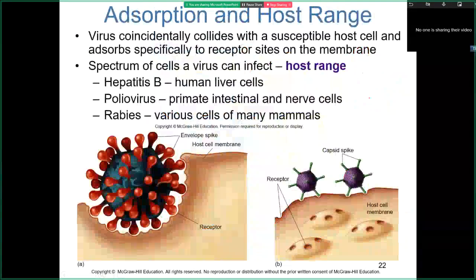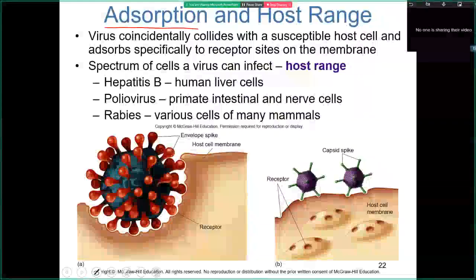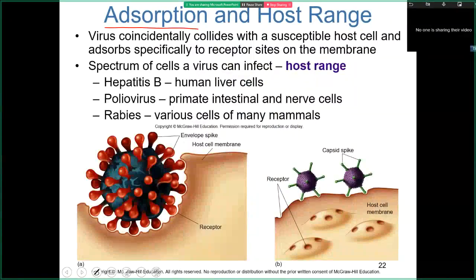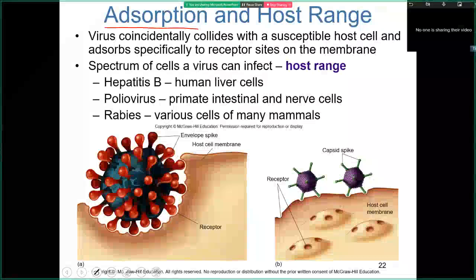So this adsorption step here is what determines which host cells can be infected, all right? And so some viruses have a real specific set of cells that they can attach to and infect. So we say they have a very narrow host range.